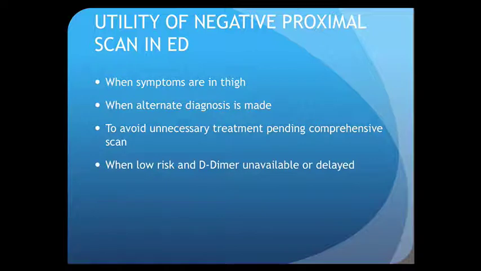First of all, as I've mentioned, if the symptoms are confined to the thigh, then a negative proximal scan, I think, is probably all you need. If you make an alternate diagnosis, for example, you diagnose a Baker's cyst, then I think it's quite reasonable to say, so long as the symptoms are consistent with that, that we don't need to look for a calf DVT.